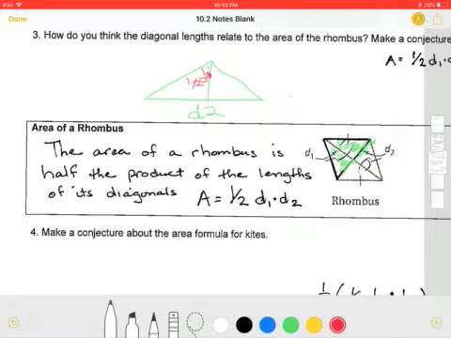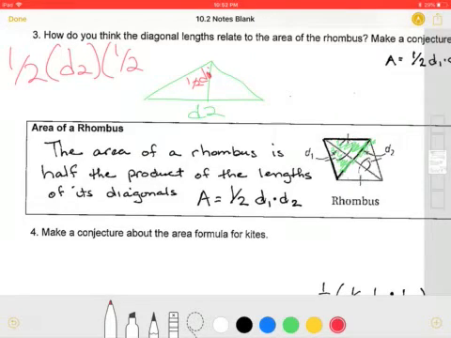And then if you're taking the area of this triangle, this would be half of your base, which is D2, times 1/2 D1. So really for the top portion, at least, it would be 1/4 D1 times D2.